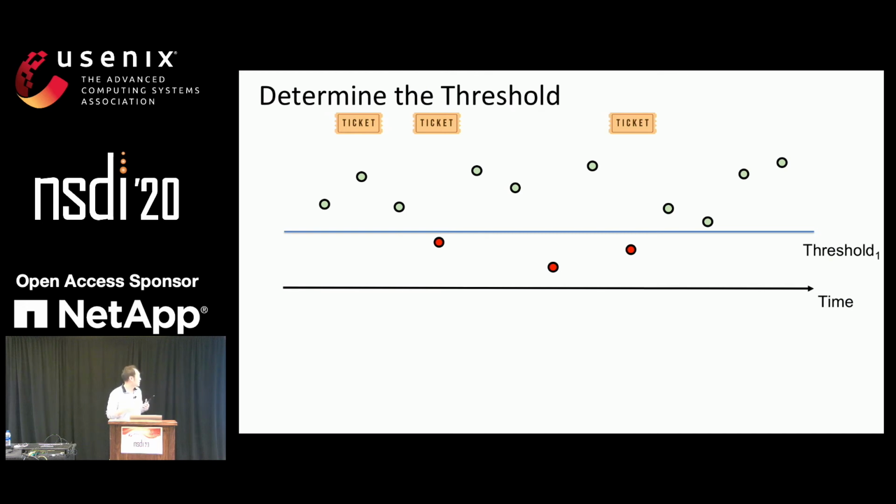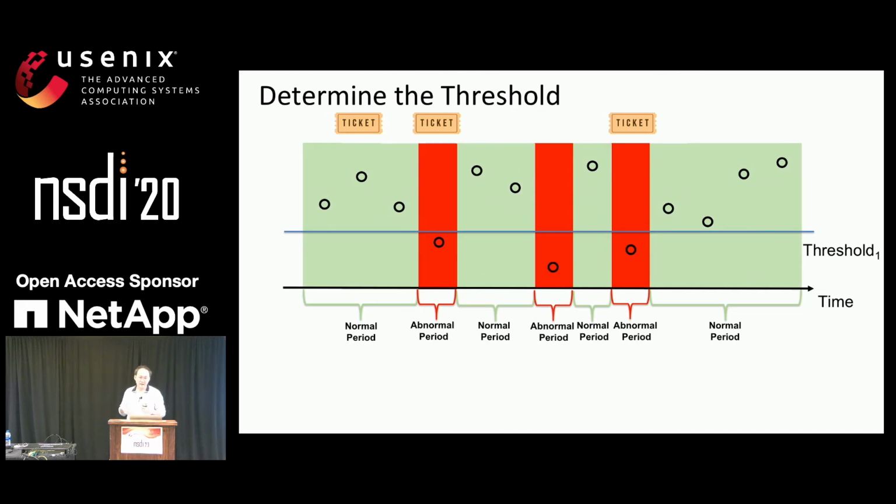The rest of the green points are the normal points. Then we can label the timeline with its nearest data point. For example, in this case, we have 3 abnormal periods around these 3 abnormal points, and all other parts are regarded as normal periods.